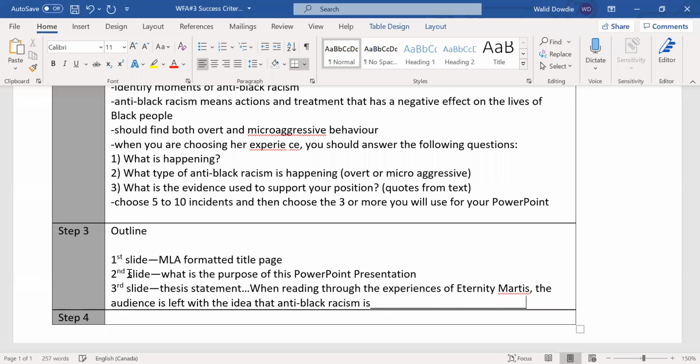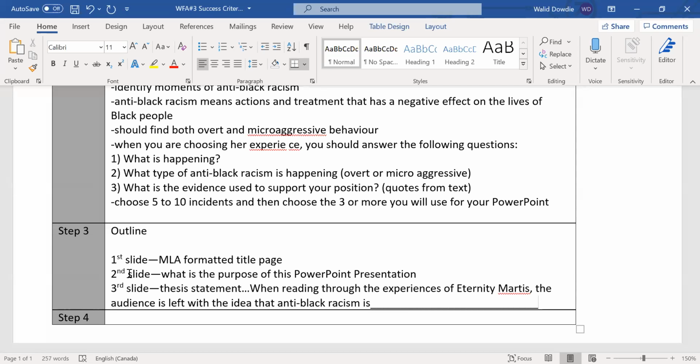It should sound something like this, and this is an example. You don't have to follow it word for word, but when reading through the experiences of attorney Martis, the audience is left with the idea that anti-Black racism is devastating to someone's mental health. It is a true experience, right?